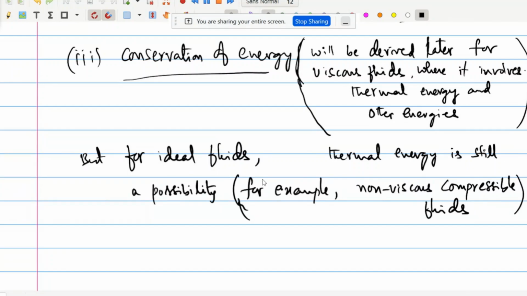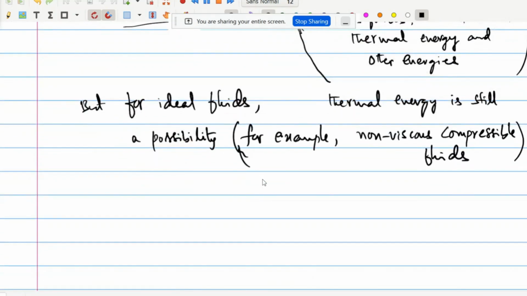So if you know the equation in this case, that means you have the equation here also, right? So right now it is not required. Okay, so for ideal fluid, thermal energy is still possible.